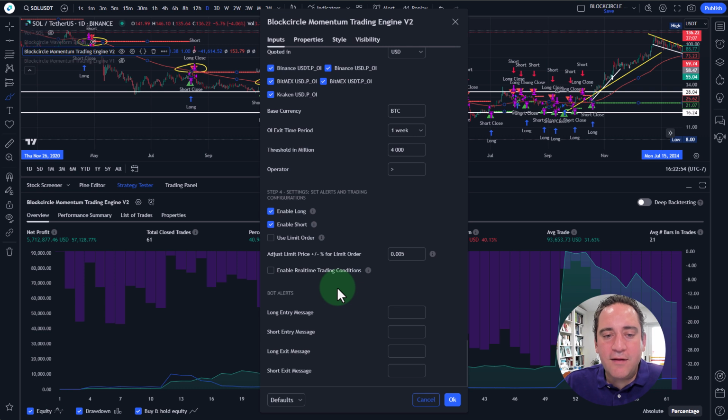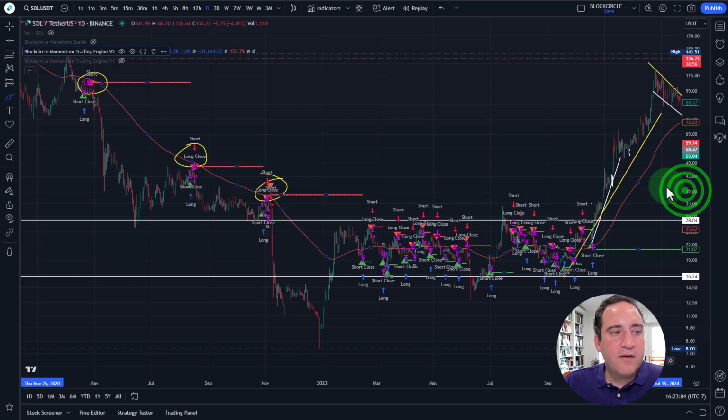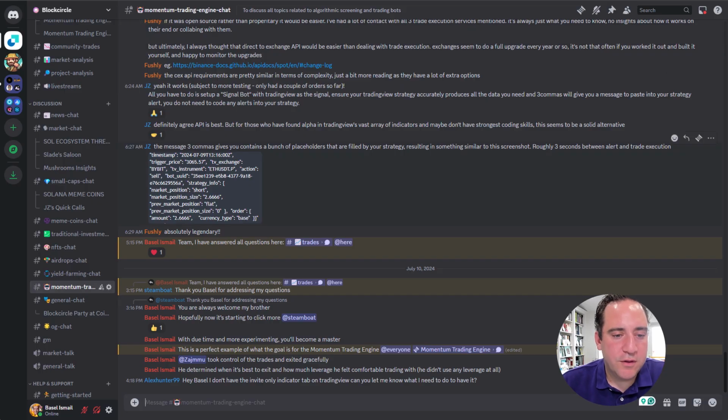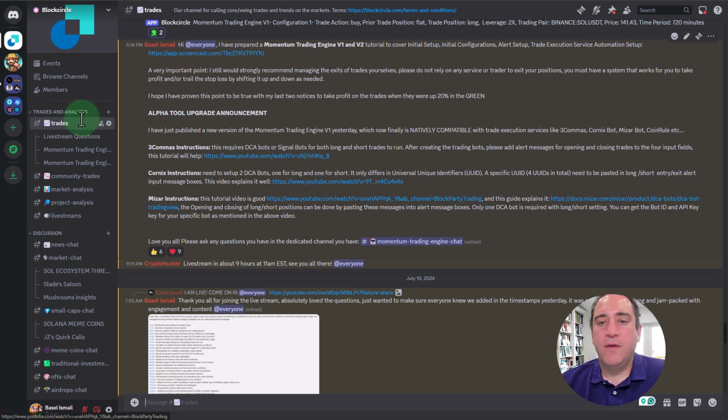And then the last step, of course, is step 4, which is, do you want to do only longs or only shorts, etc.? Now, I want to show you how to set up the actual alerts. So this is how you do it step by step. I posted in Blockcircle a post where it explains the Alpha Tool upgrade, so the Momentum Trading Engine version 2, and then upgrading version 1 to be natively compatible with the trade execution services.